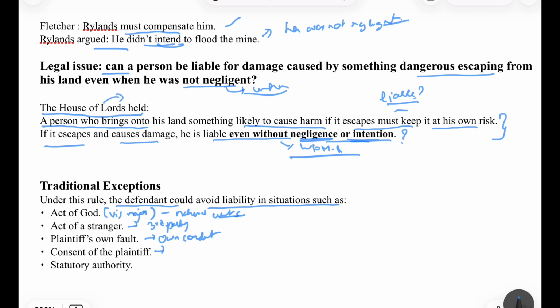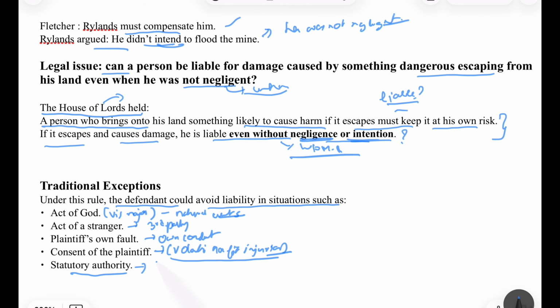Consent of the plaintiff. This is also known as volenti non fit injuria. It comes under this Latin term. It means the plaintiff agreed to the presence of the dangerous thing or voluntarily accepted the risk. And the fifth exception or defense is statutory authority.